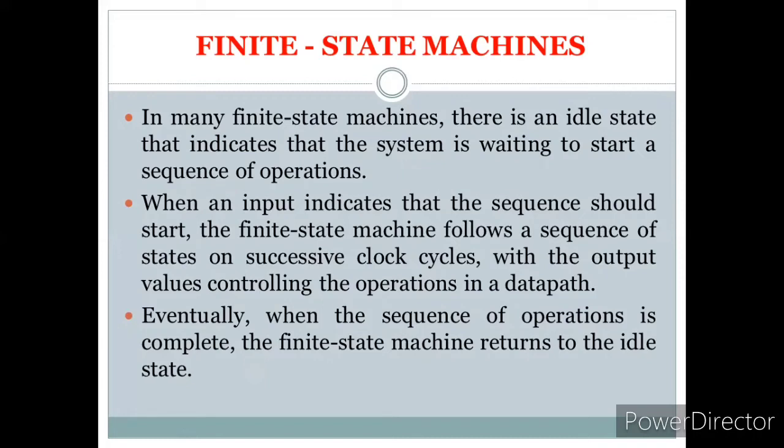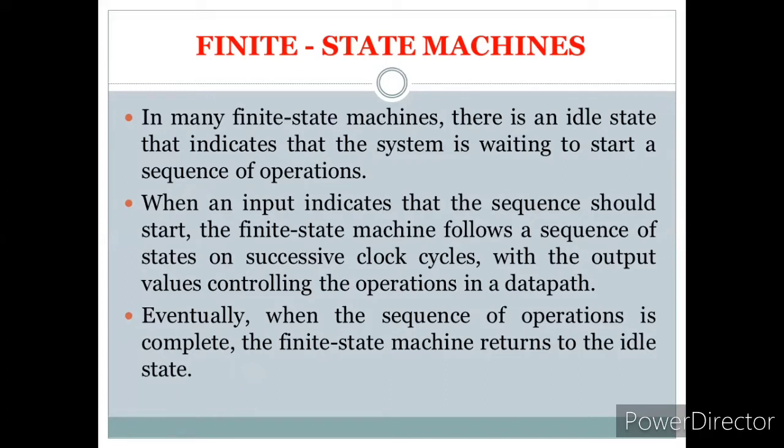When an input indicates that the sequence should start, like a reset signal or an enable signal, the finite state machine follows a sequence of states on successive clock cycles, with the output values controlling the operation in a data path.